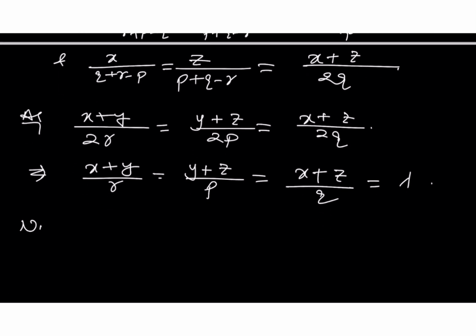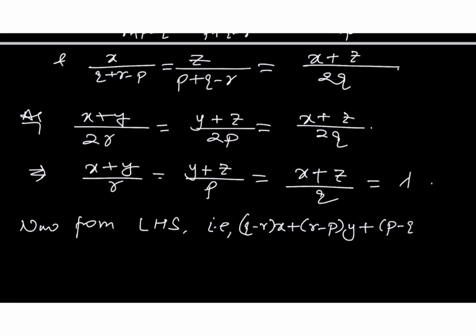Now from LHS, that is (q − r)x + (r − p)y + (p − q)z, right? I am writing this in another form. If I expand this, that is qx − rx + ry − py + pz − qz.